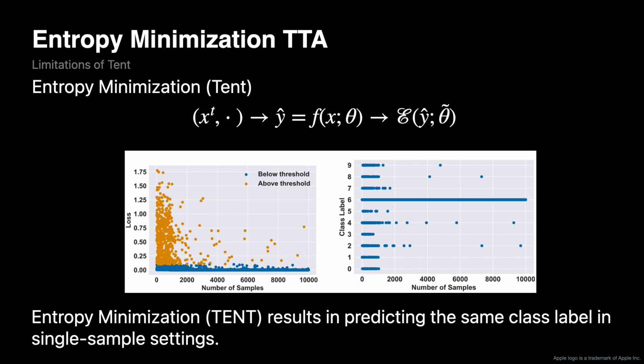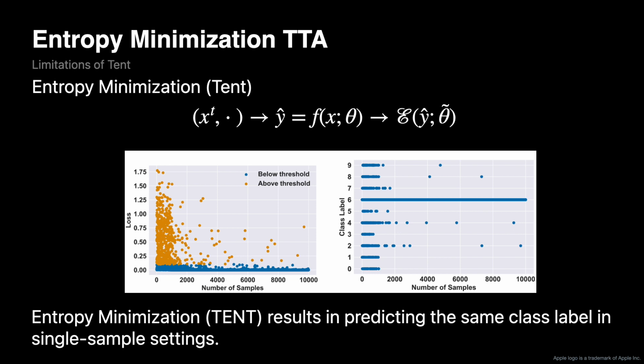An initial test of ResNet50 on CIFAR-10 shows that entropy minimization does not work in single sample settings. Specifically, we found that adaptation fails due to certain samples, as shown in orange, having high loss on the graph on the left, leading to large gradient updates and quickly overfitting.